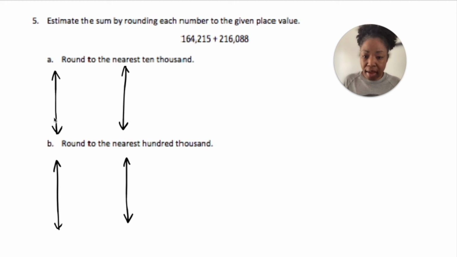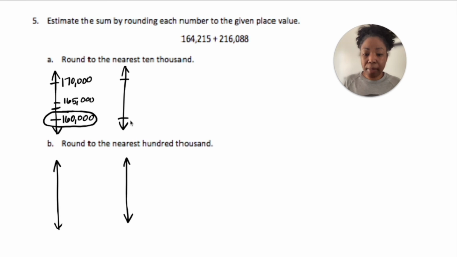So we have 164, so that's 16 10,000s, or 160,000. One more would be 170,000. Halfway would be 165. This is 164, so we round down.